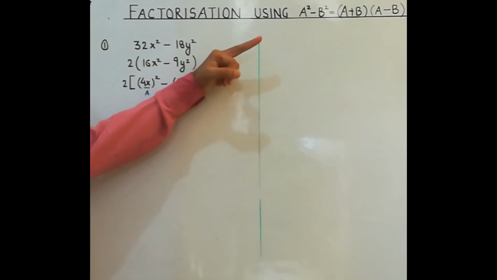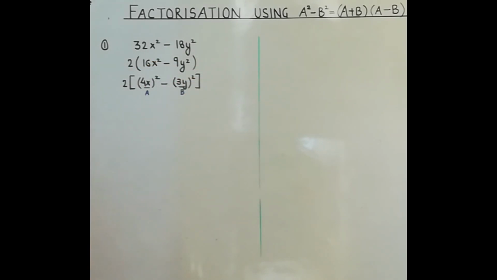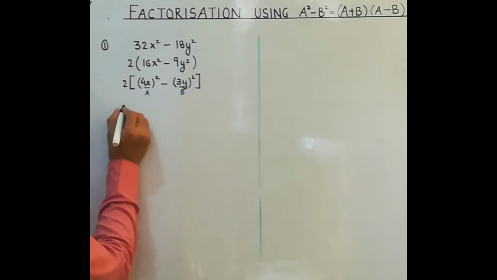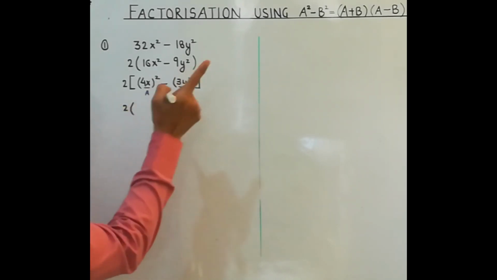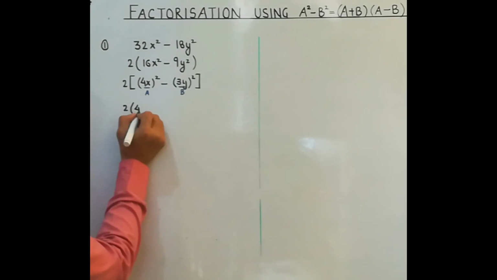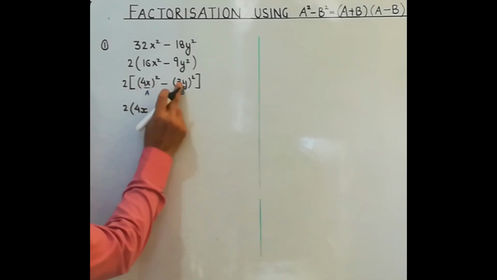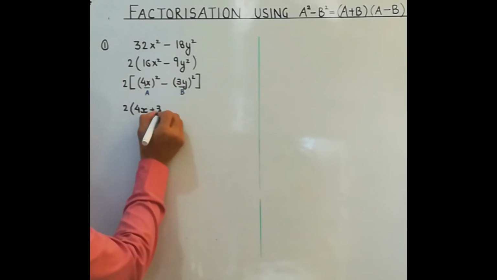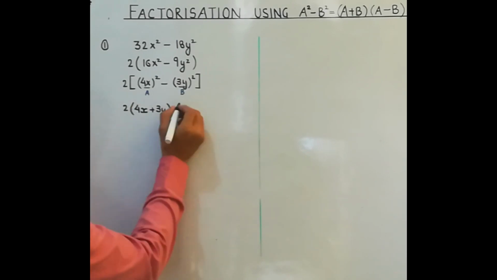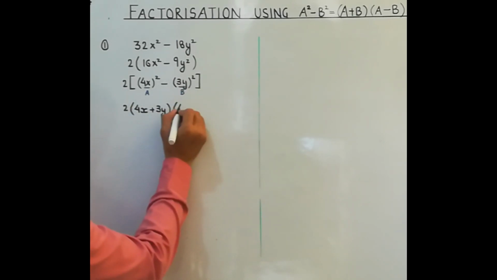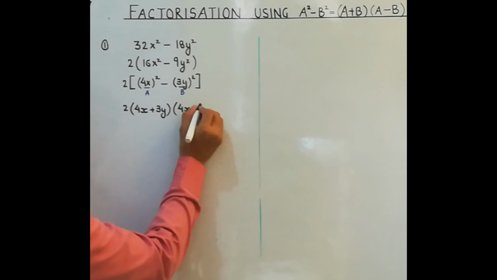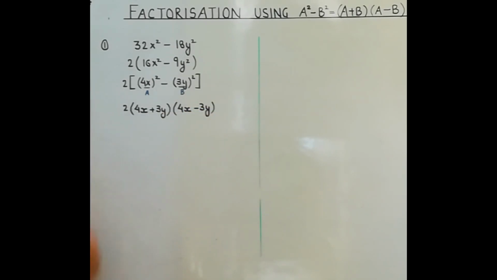And what's the formula for a square minus b square? In the first bracket, we are going to write a plus b. In the second bracket, we are going to write a minus b.